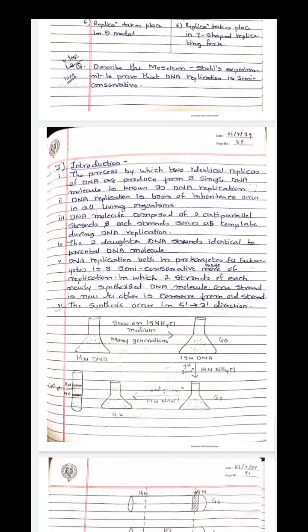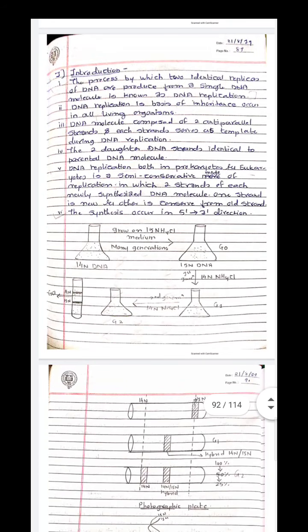From that, first of all, DNA replication produces two identical replicas of the DNA. DNA replication is the main basis of inheritance, which is observed in all types of organisms, and in that, semi-conservative replication is observed.